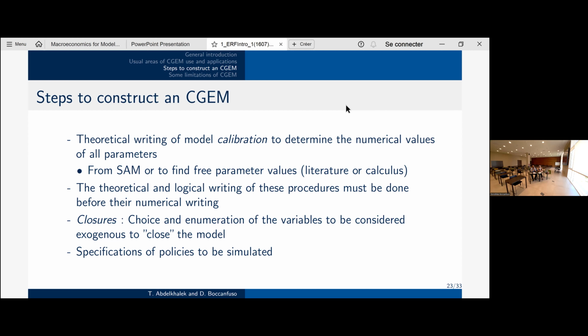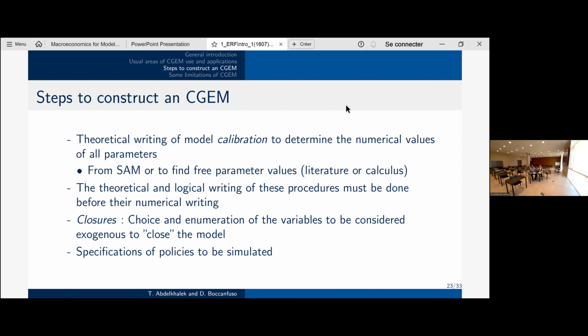Now, with our model, we have a structured mathematical model, the structure of the model. We have the value of our parameters. When we come to count the number of variables and the number of equations in our model, there is a gap between the two.